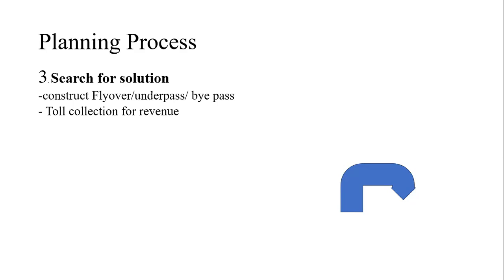Or we may not do anything, we just do widening of that road, or we may improve the signal timing, we may make parking over there, we may reduce the size of the roundabout. And in today's world, it is very important not only to add infrastructure, but we have to have some revenue creation as well. So toll collection is one of the ways that we can have some revenue generated for its maintenance.